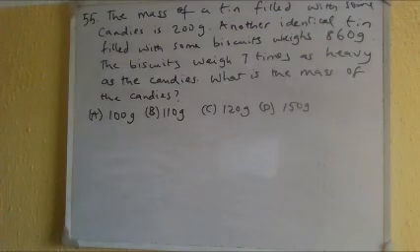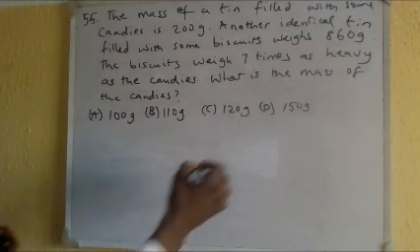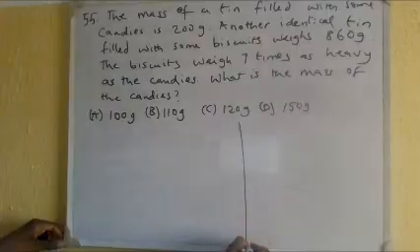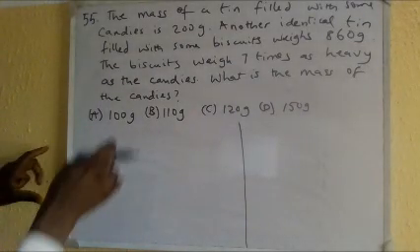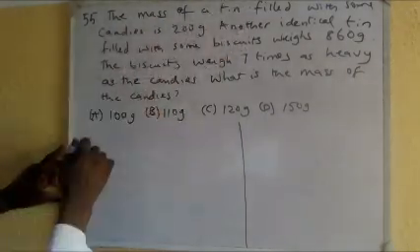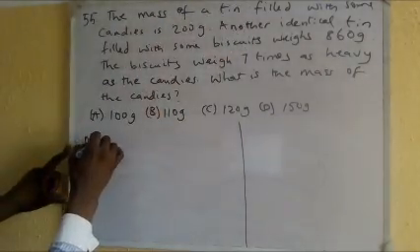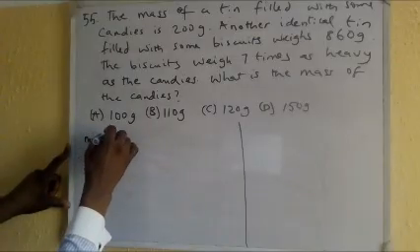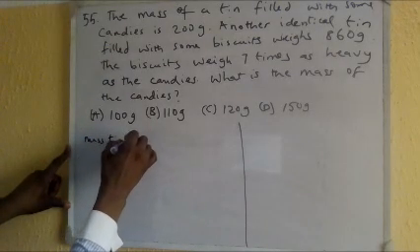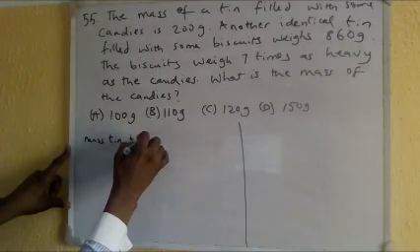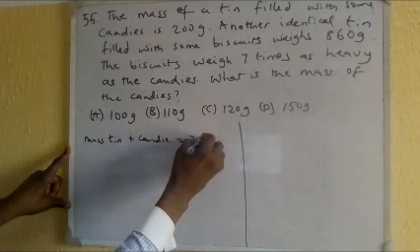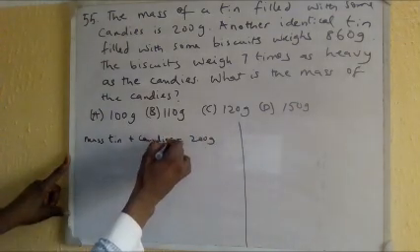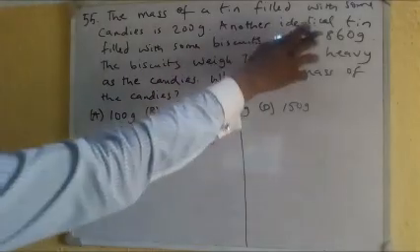Okay, so I'm going to solve this. It's a word problem. So first of all, we're told that the mass of a tin plus candy, because it's filled with candy, is 200 grams. Another identical tin, so the same kind of tin.